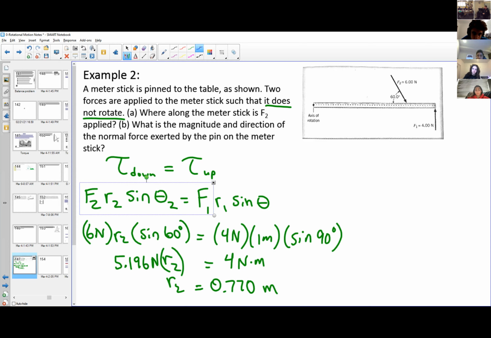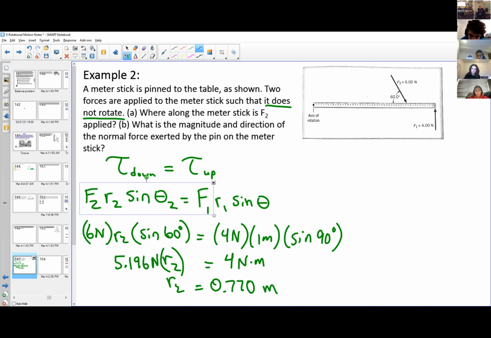Then you can set the torque created by that normal force equal to the torque of F1 around the pivot point of F2. If we wanted to analyze the torque that is there, that could work. But since they want normal force, the normal force won't just be up in this case. Oh, okay. Yeah.